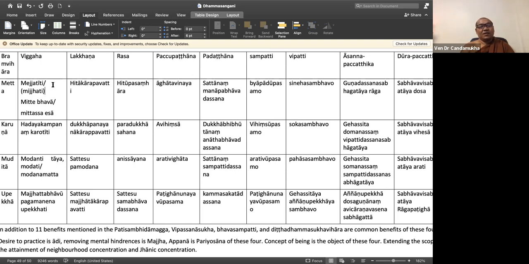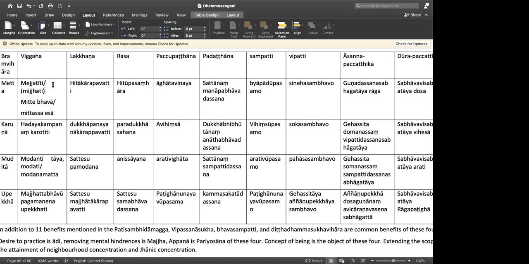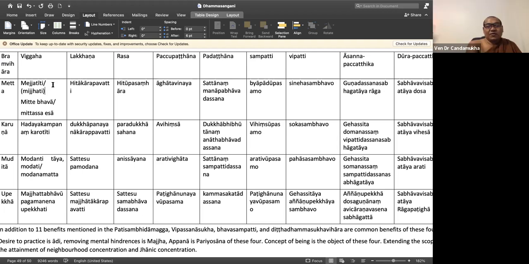And then regarding the characteristic, hitakara pavatti lakkhana. Metta has the characteristic of promoting welfare. Hita means well-being, benefit. Hitakara means making a benefit. You just want to make a benefit for others, for your friend.